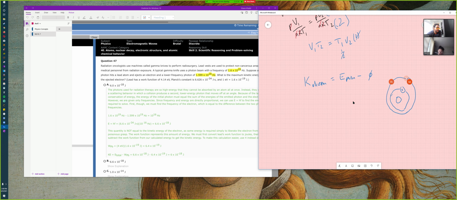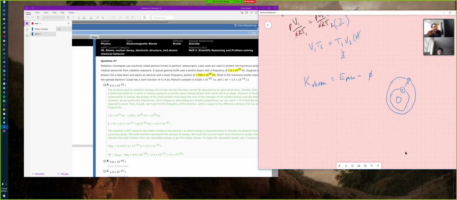Okay. Yeah, so let's say that we have some photon that causes an electron to go to its excited state like this. So it's still bound, it's just further away. Now let's say that the energy of the photon is enough to make it not bound. So let's say this electron is no longer bound.